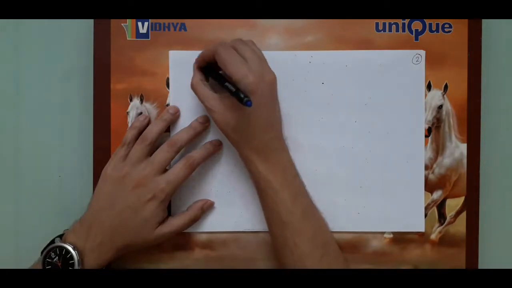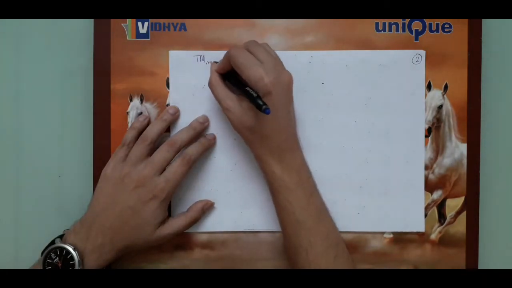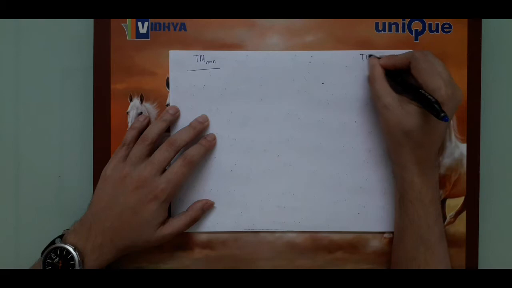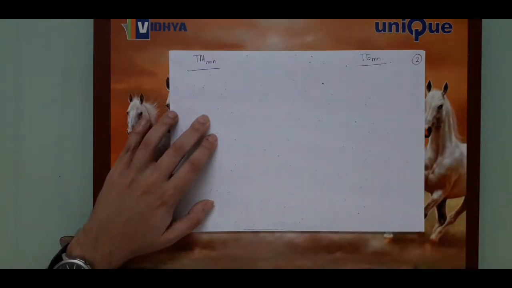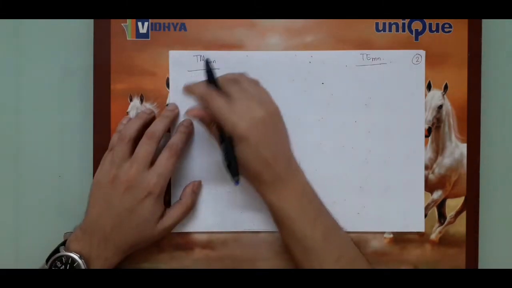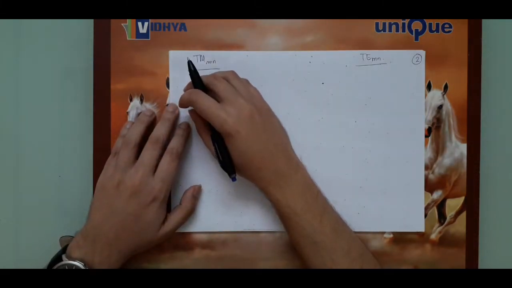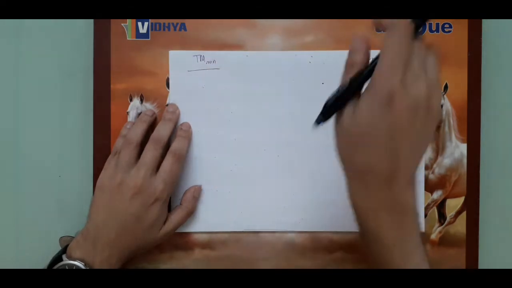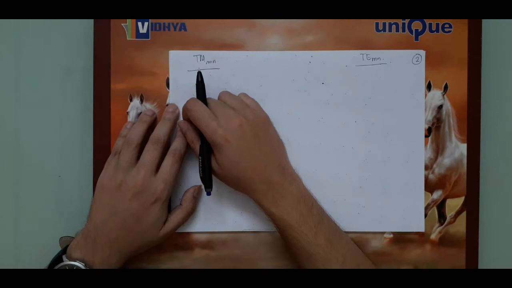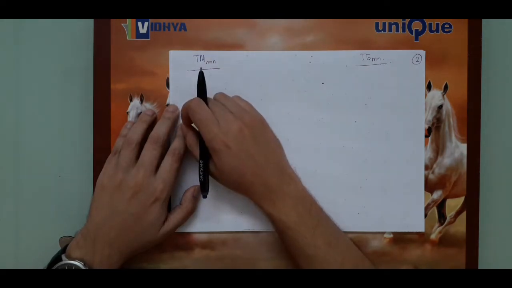So let's continue our discussion. In the previous class we had established something called the cutoff frequency. So cutoff frequency does not really matter whether it is TE or TM. It depends on the value of M and N only.